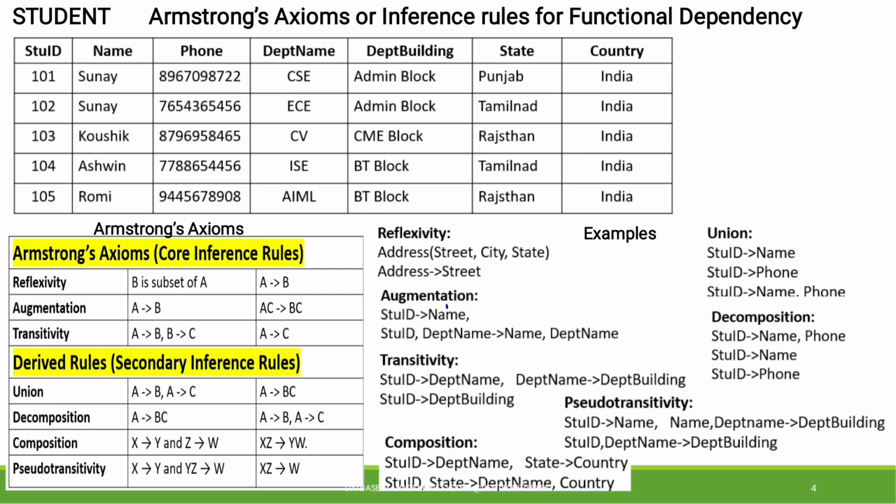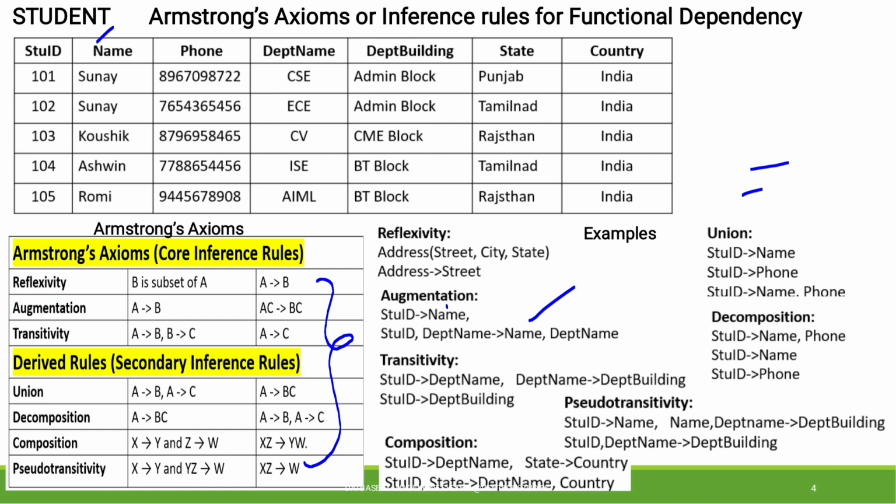This is how, using pseudo transitivity rule, the two FDs are expressed in terms of one, that is the third FD. That completes the discussion on applying all these 7 inference rules as applied to student table. So those examples are shown here.